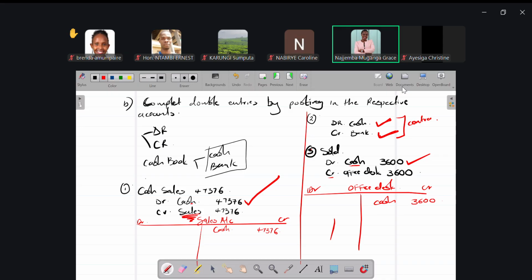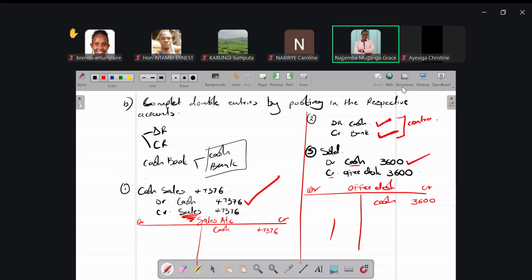We move. Then someone is saying, Madam, this time round we're having the bank credit side being greater than the debit side, meaning we shall have to put the balance carried down on the debit side of the bank, which I think is not okay because the bank can't have a credit balance. Why not? It can. It means if we have a balance brought down on the credit, you still have a loan.